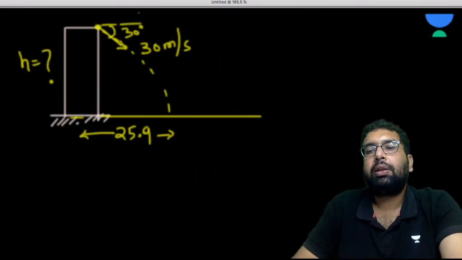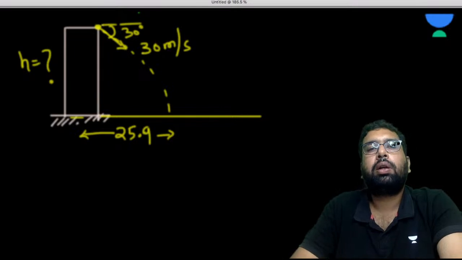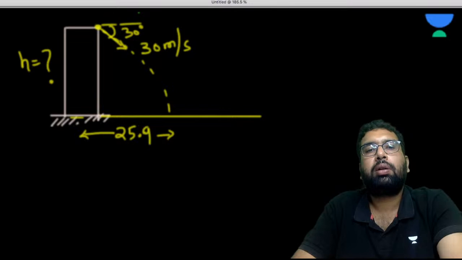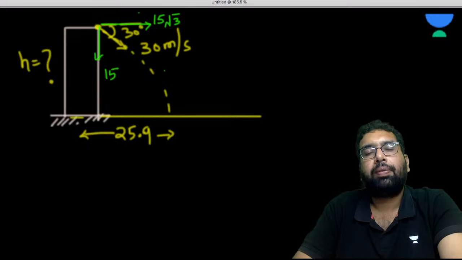So obviously this is going to be 30 cos 30. So 30 cos 30 will become 30 into root 3 by 2, that is 15 root 3. And this is 30 sin 30. So 30 sin 30 will become 15.